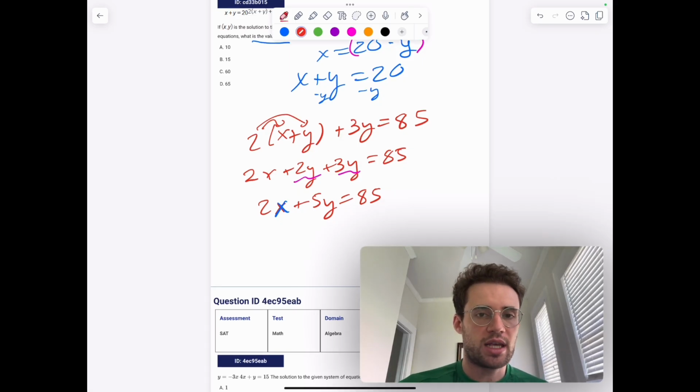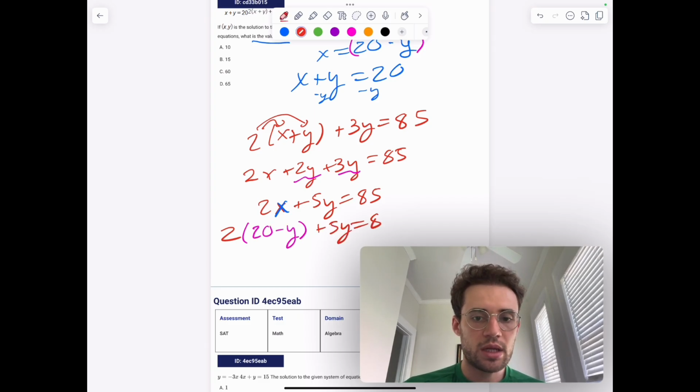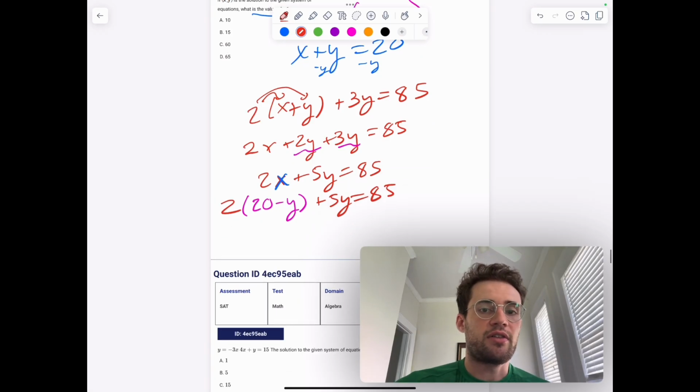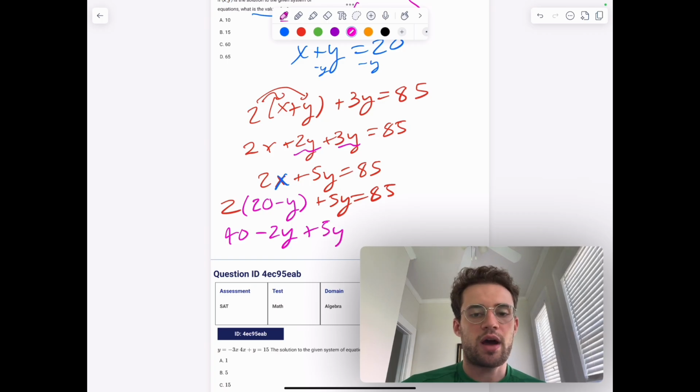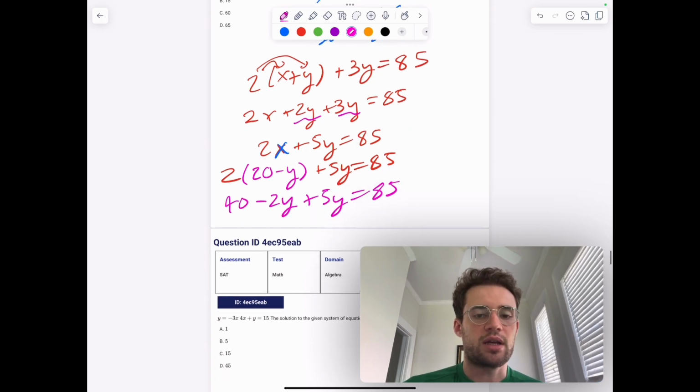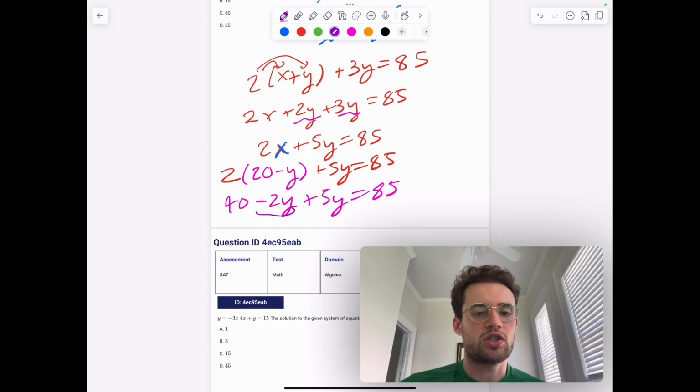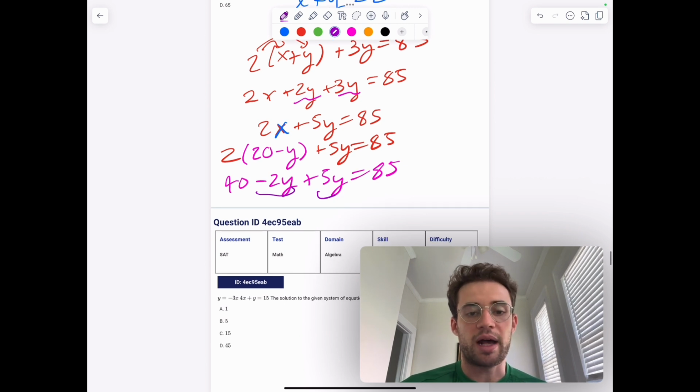So if I rewrite this with the substitution there, it'd be 2 times parentheses 20 minus y, close parentheses, plus 5y equals 85. Now, if I distribute this, 2 times 20 is 40, 2 times negative y is minus 2y, plus 5y equals 85. And now we can combine our y's, negative 2y, positive 5y gives you positive 3y.